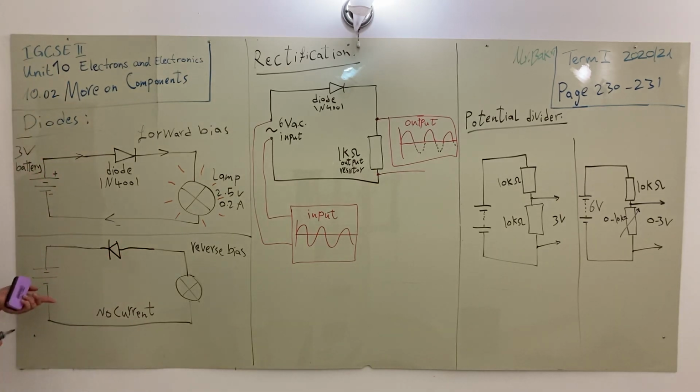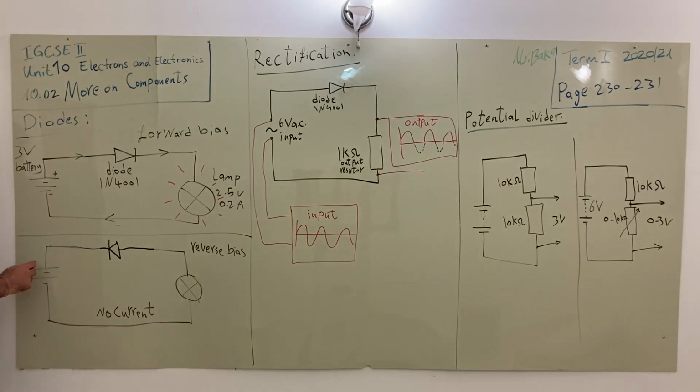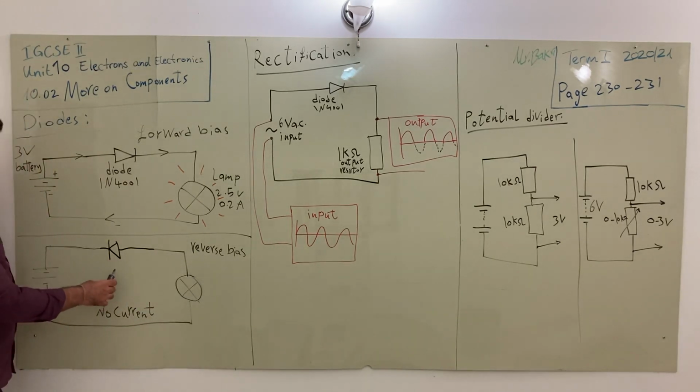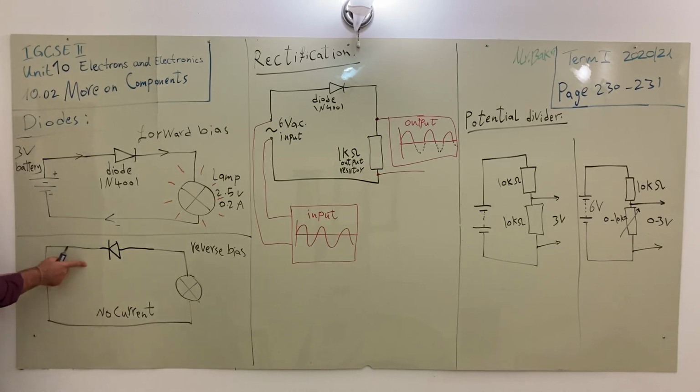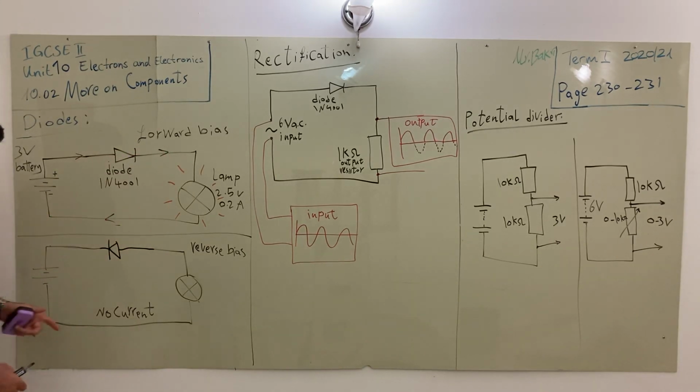Now what will happen? This lamp won't work. Why? The diode has much more resistance in the other direction, very high resistance. But in this direction, it has very low resistance, so it lets the current pass, and the lamp works.